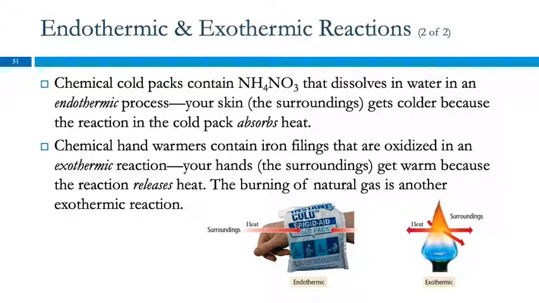So chemical cold packs often contain ammonium nitrate. And when that ammonium nitrate dissolves in water, it is an endothermic process, and the solution gets cold. So your skin, which would be part of the surroundings, gets colder because the reaction in the cold pack is absorbing heat.